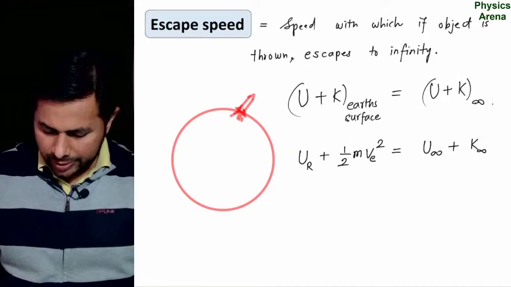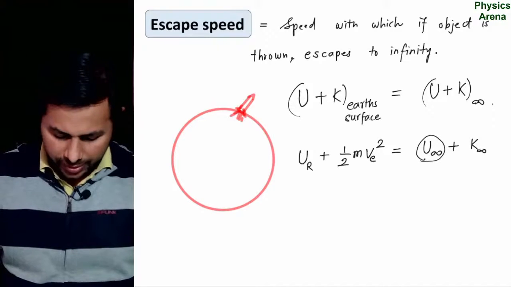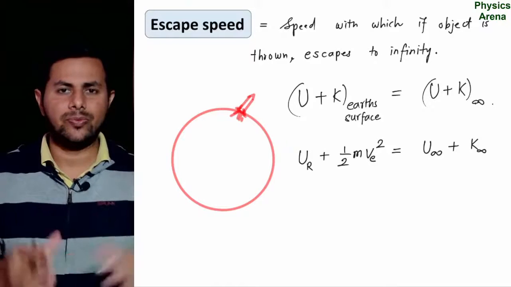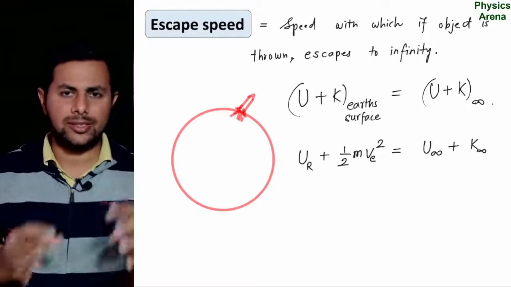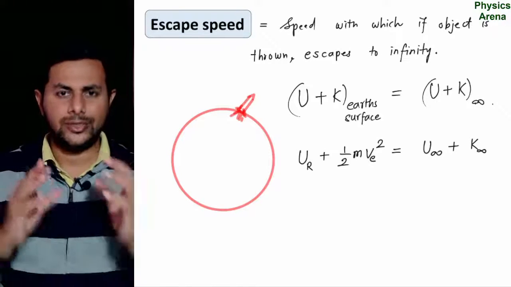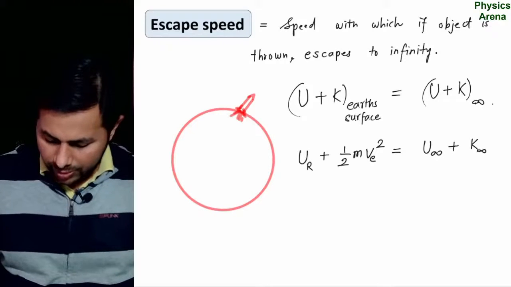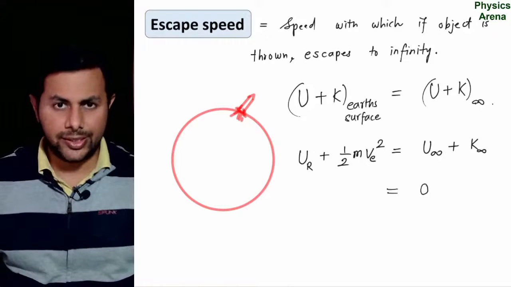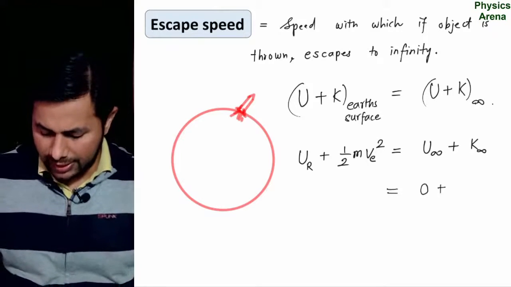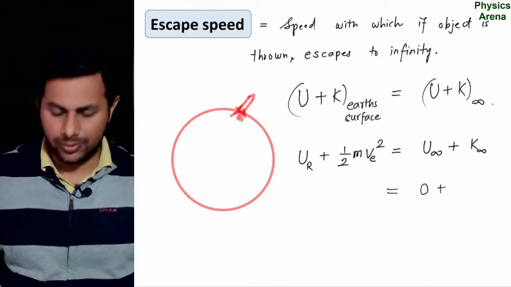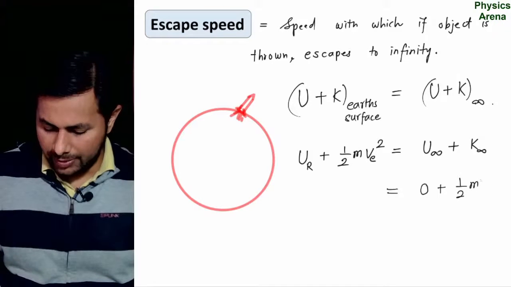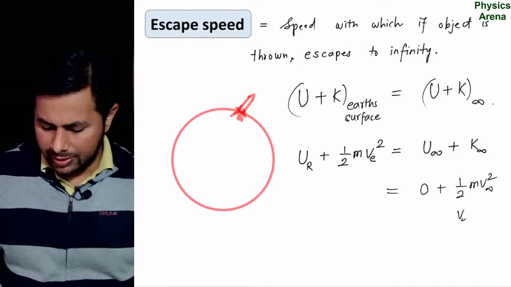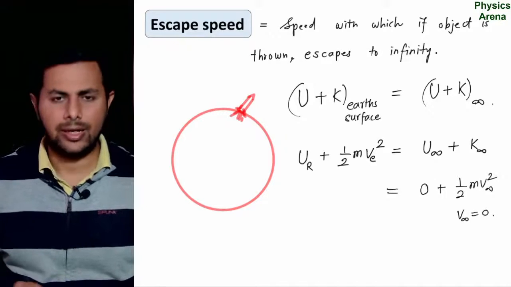All right. So what is potential energy at infinity? It's 0, and we don't mind if the object goes to infinity, that is, this rocket goes to infinity and stops there. So we'll write potential energy at infinity is 0 and kinetic energy at infinity is 0. It is half of m v at infinity squared, and we'll say that the object goes to infinity and stops there.